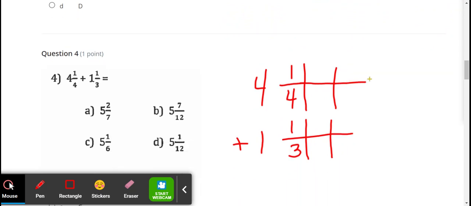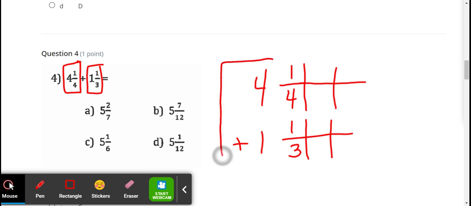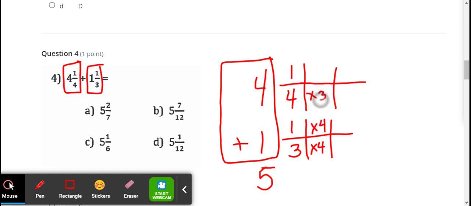Okay, number 4, we're going to add 4 1/4 plus 1 1/3. So go ahead and stack them up. The whole numbers can be added right here. So we have 4 plus 1, which is 5. And now we are going to add the fractions and see what we end up coming up with. So a common denominator would have to be 12 for these. We multiply each fraction by the other denominator.